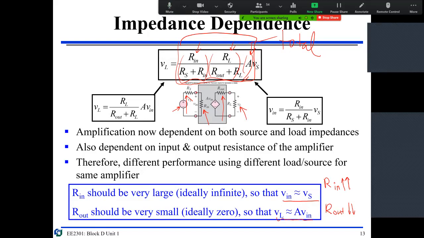Basically the input is like an open circuit and the output is like a short circuit. We need that, otherwise the amplification is different.